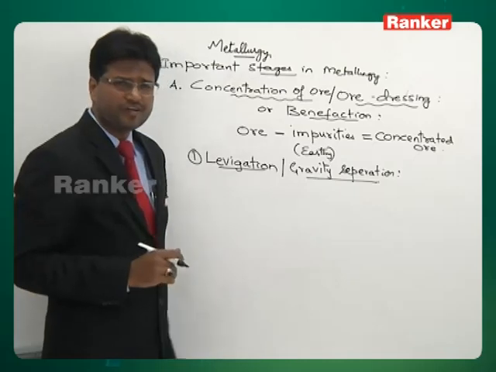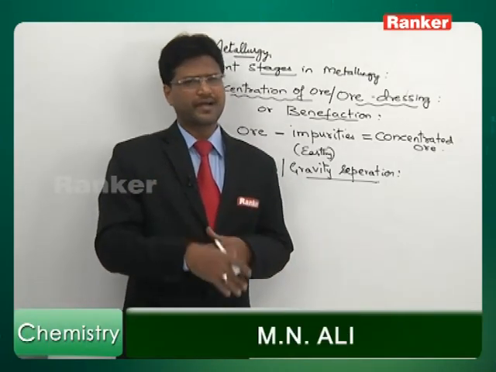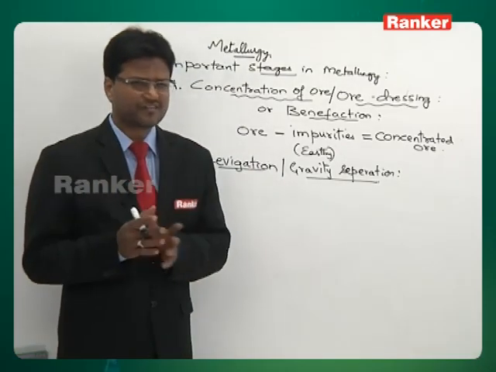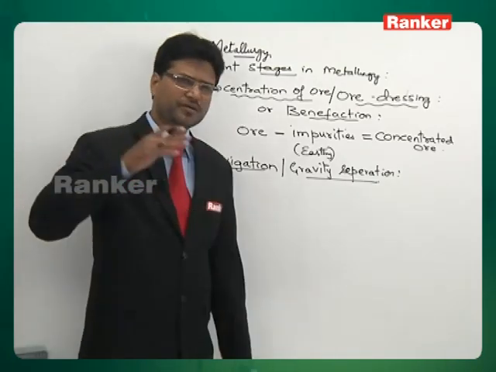This is based on difference in the specific gravities of metal compound and impurity present in the metallic compound. We exploit the difference in the specific gravities of the metallic compound and the impurities.